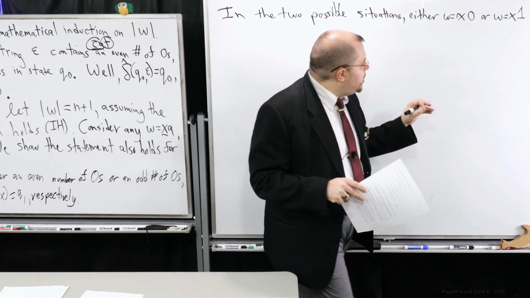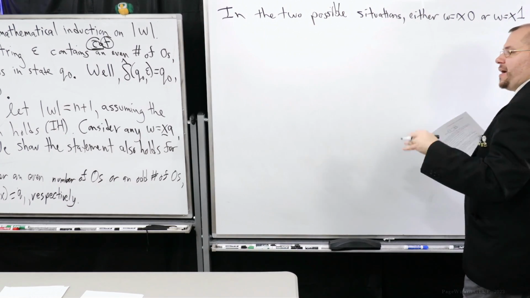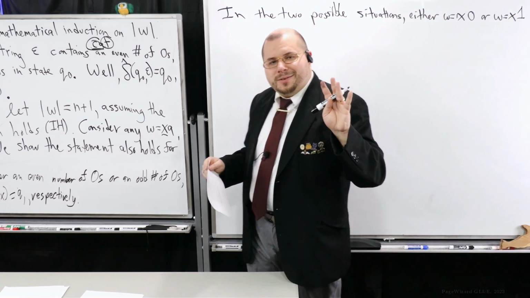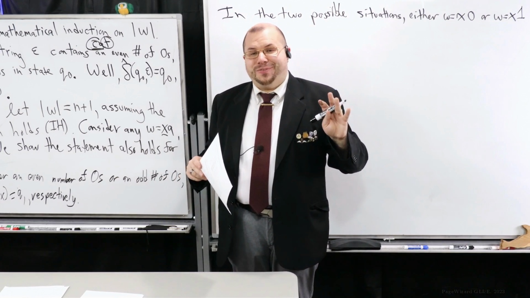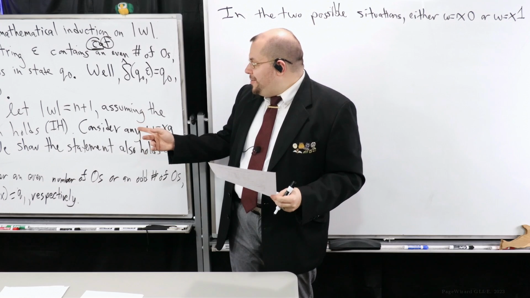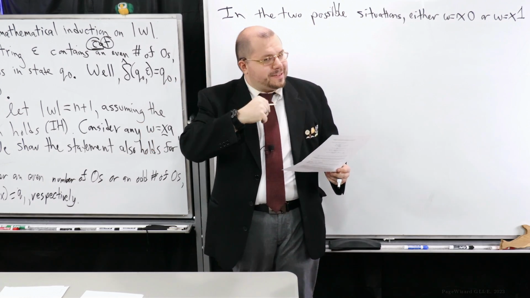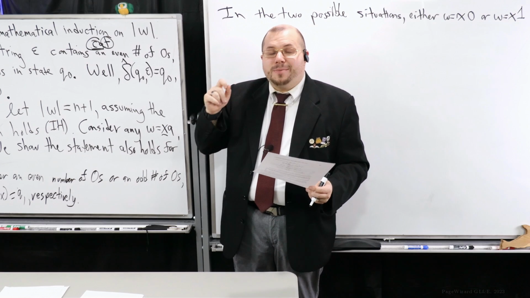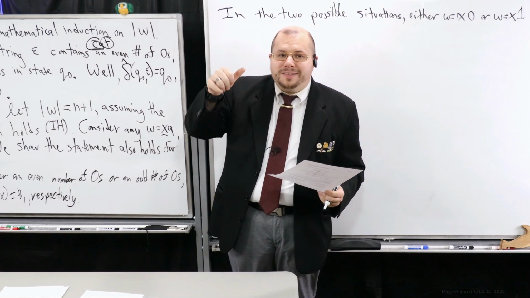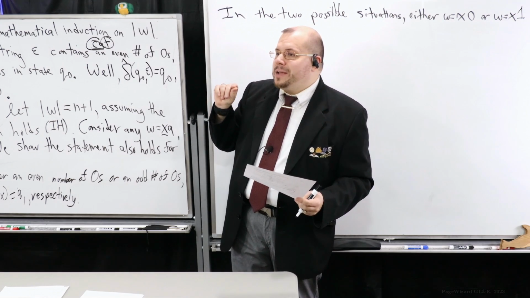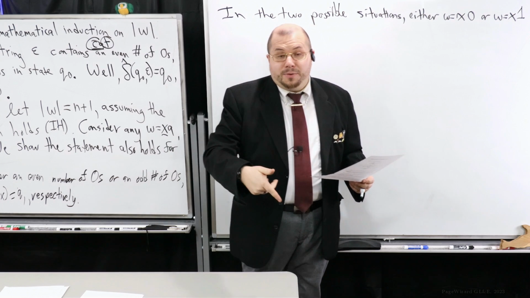So my job now is to exhaust 4 cases for you based on the way I've set up this proof. Whenever I read X and I'm in Q0, I have to read a 0, read a 1. Whenever I'm in Q1, I have to read a 0, then a 1.